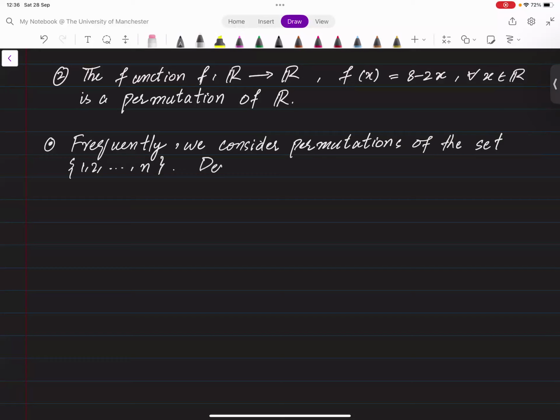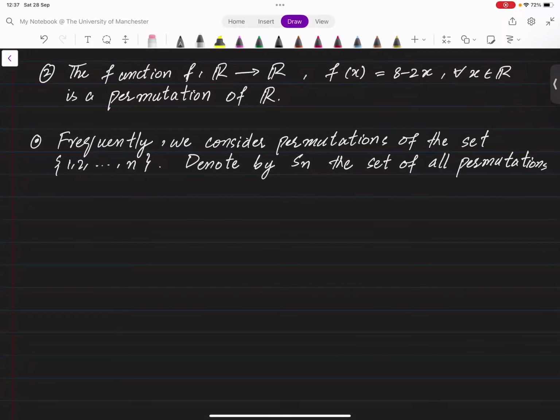We denote by Sn the set of all permutations of the set of n elements.